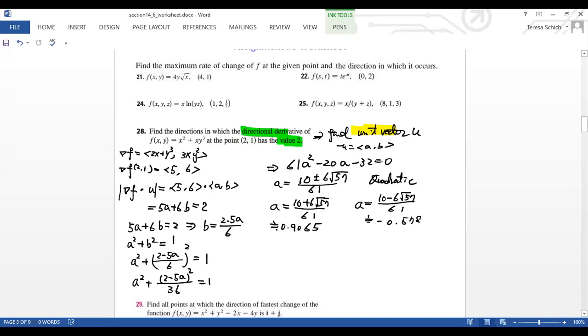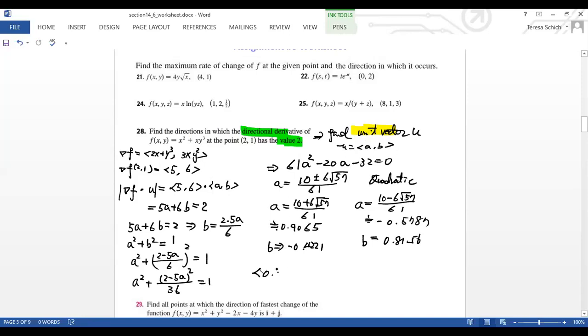Okay, so when a is equal to this number, then b is going to be equal to negative 0.4221. And for the other one, b is going to be equal to 0.8156. So that means I can find the two directional unit vectors.